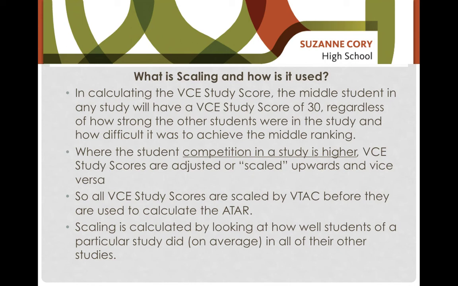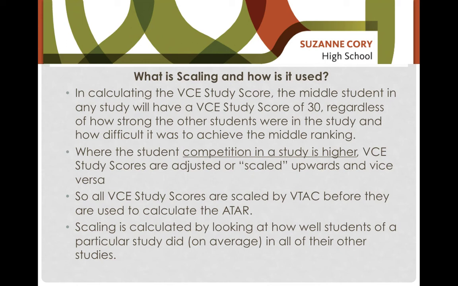If, when they look at the scores, VCAA judge that the competition in a study was higher, basically that the people who were doing it were of a higher ability, then the study score is scaled upwards. If they judge that the competition was easier, so essentially you could get a higher study score more easily to start with, then it's scaled down. Okay?